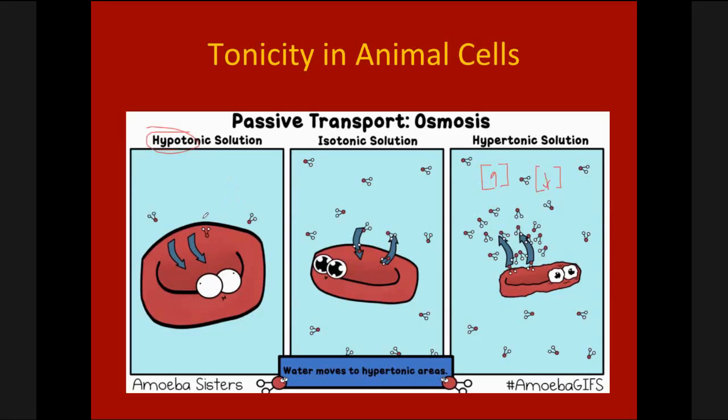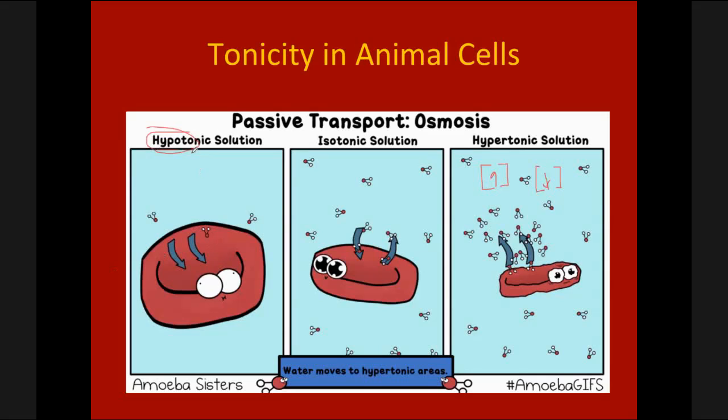And as a consequence, you're going to see a net movement of water in. And the cell is going to start to swell and swell and swell until it ruptures. And that's what happens when you kill your red blood cells in your bloodstream.